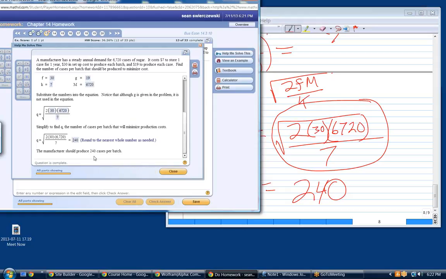The manufacturer should produce 240 cases per batch. So that's it. All you have to do is plug it in. Well, and we didn't use the 19, did we? We didn't use G. Okay, so we're not done yet, I don't think. Yeah, we are. No. In other words, our answer didn't use G. It didn't use 19 anywhere.